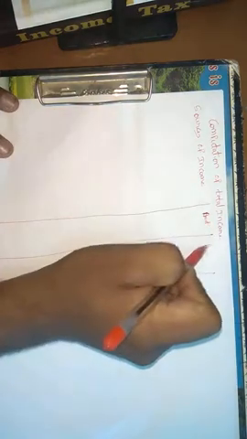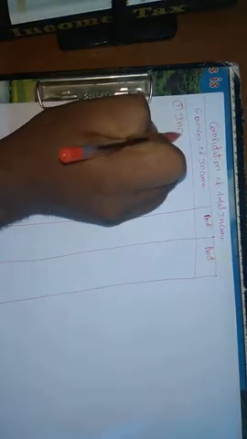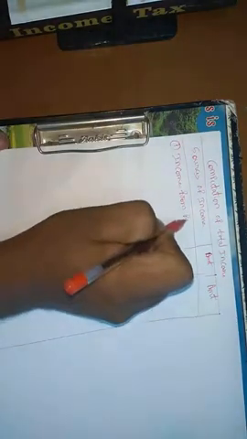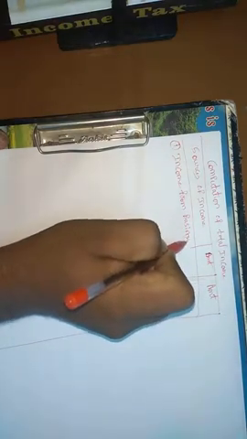Sources of income, amount and amount. First is number 1, income from business. Underline this.